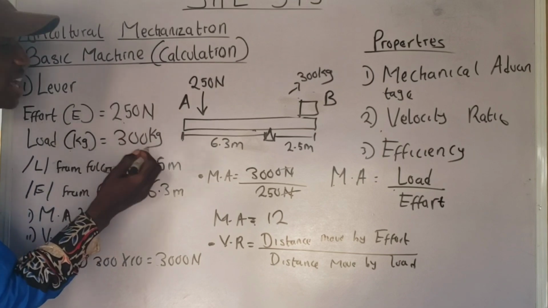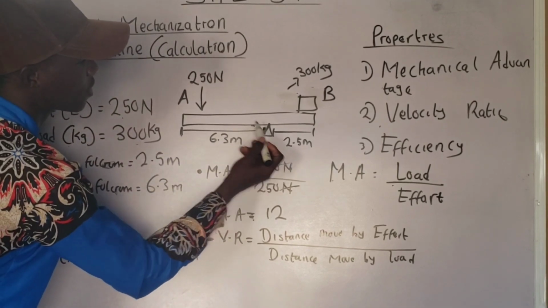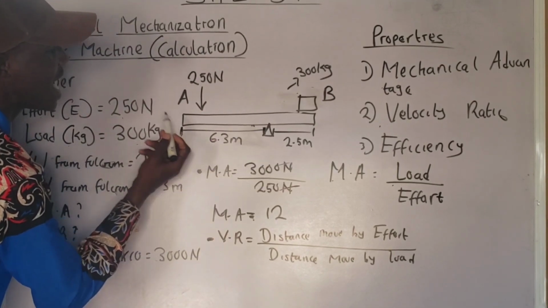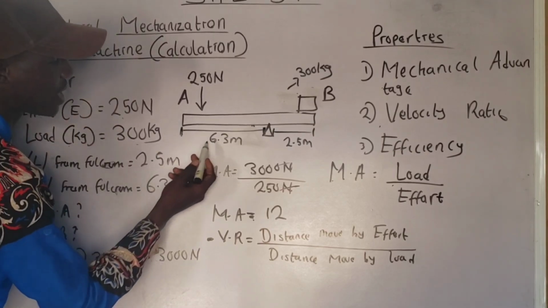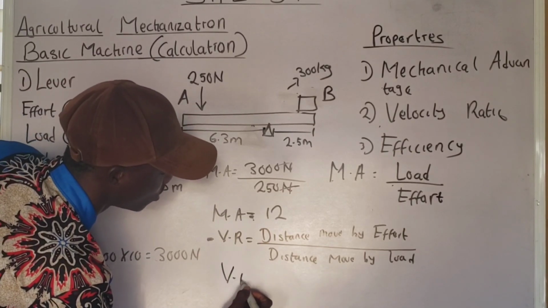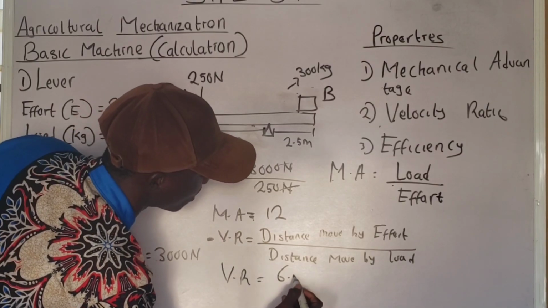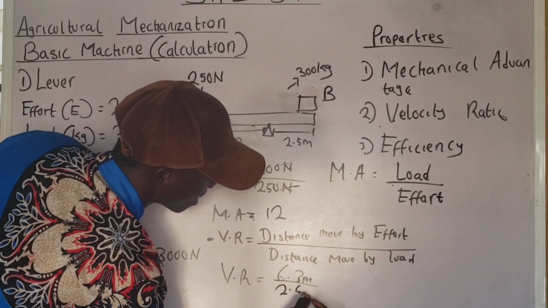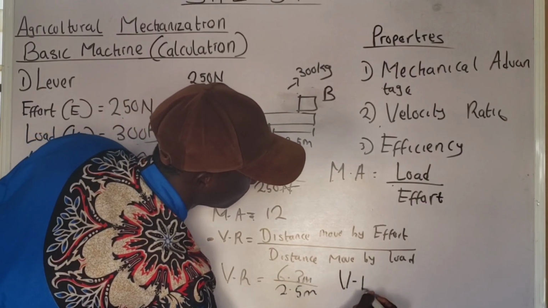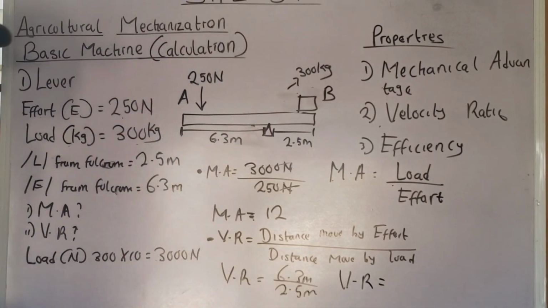The distance moved by the effort is the distance from the fulcrum to the extreme end of the effort. So the velocity ratio for lever now is 6.3 meter all over 2.5 meter. And if you divide 6.3 meter by 2.5 meter, you're going to have 2.52.